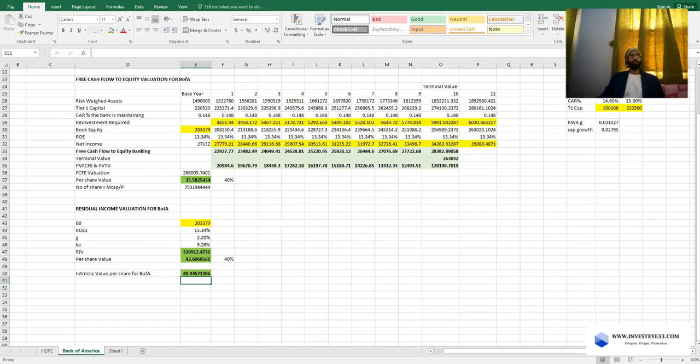The final valuation for Bank of America is coming to be $40.94 per share, or $40.95 per share approximately. So this is our final calculation, guys.